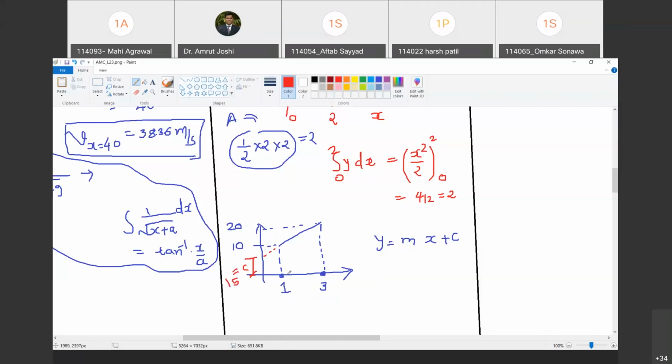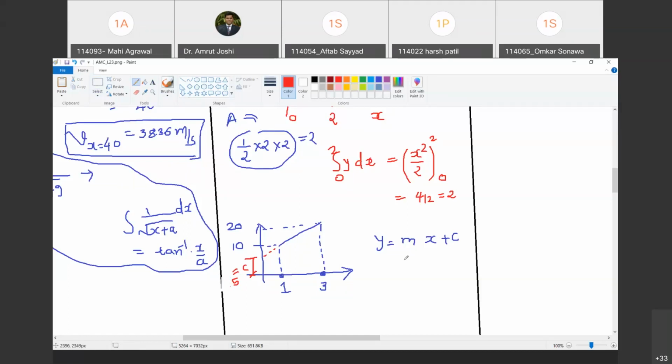How? Look, from 1 to 3, the rise is 10. Do you agree with me? Yes. So if you increase by 2 units in the x direction, how many units do you increase in the y direction? 10 units. Are you with me? Yes, sir. So if you increase by 1 unit in the x direction, by how many units will you increase in the y direction? By 5 units. So if you decrease by 1 unit in the x direction, by how many units will y decrease? By 5. Yes, and it is 5. I am very sorry, you were right. Correct. So c is 5.